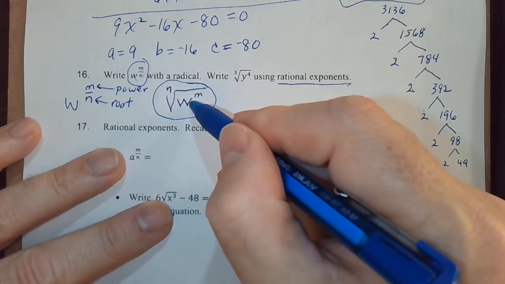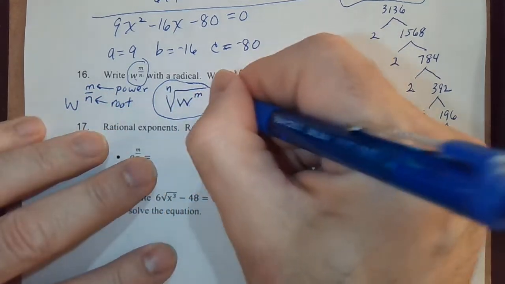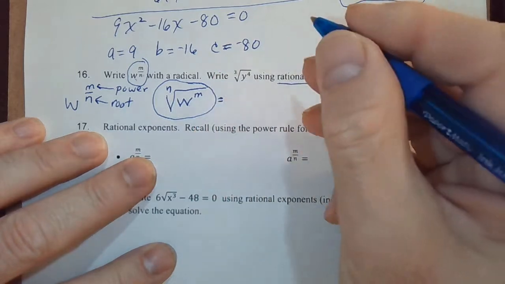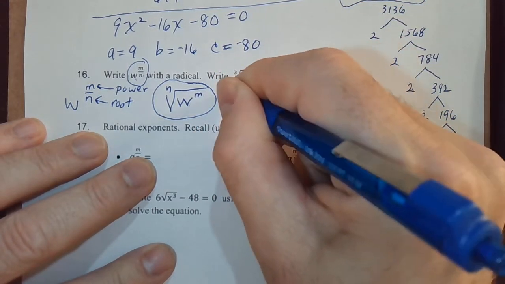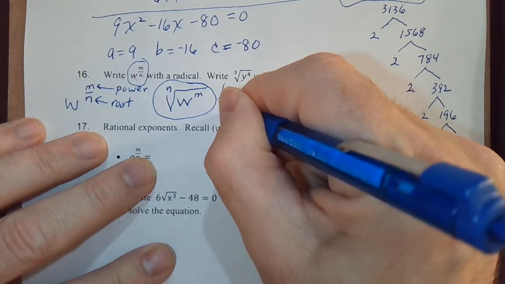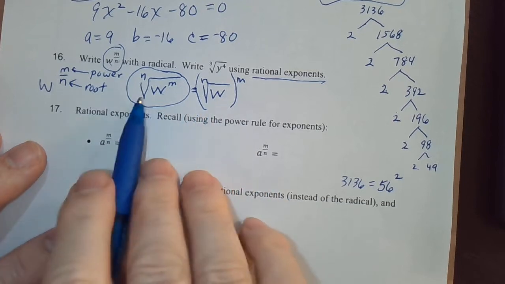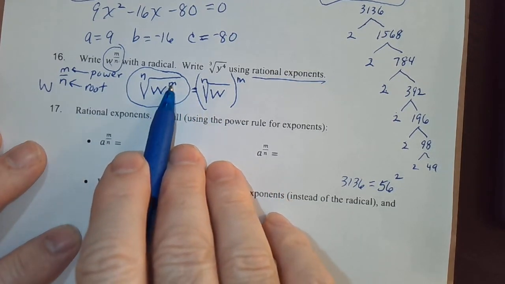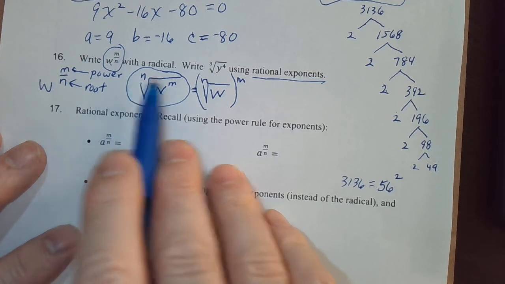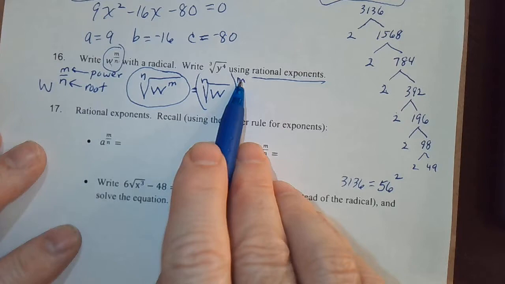I took w and raised it to the power, and then took the root. I could also have done it in the other order. I could have said w, take the nth root, and then raise the whole thing to the power. These will give you exactly the same result. It doesn't matter if you do the exponent first and then take the root of it, or if you take the nth root of it and then raise it to the mth power.